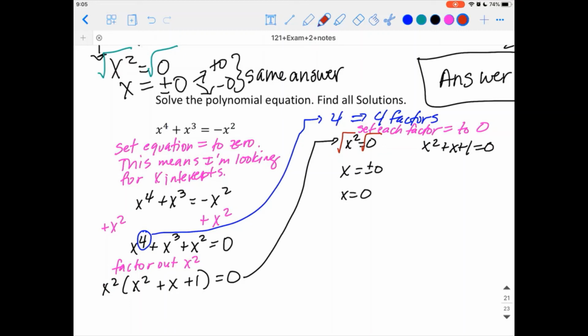And since we have a multiplicity of 2, it's going to touch the x-axis. And we already saw that it did.